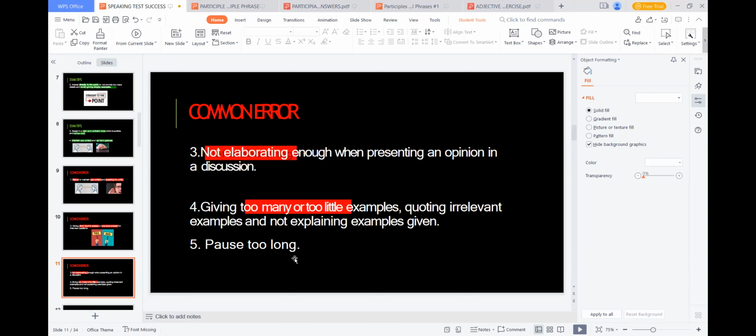If your partner has a problem getting the answers or elaborating the idea, say, for example, wearing school uniform, and he is not able to bring out the idea, you can say, do you think wearing school uniform is welcomed by our students? You can ask these questions to help your partner continue on.